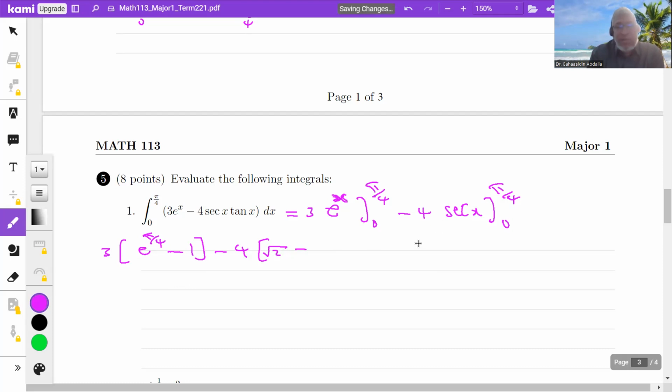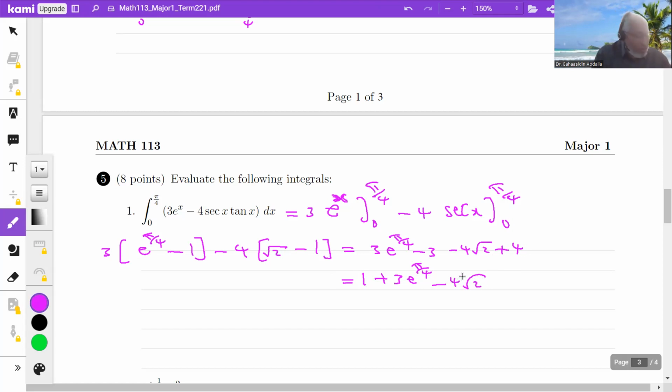Well, it is 1 over cosine 0. Cosine 0 is 1, so it is just 1. So the final answer would be 3e^(pi/4) minus 3 minus 4 square root of 2 plus 4. So I can write it as 1 plus 3e^(pi/4) minus 4 square root of 2. That would be the answer.